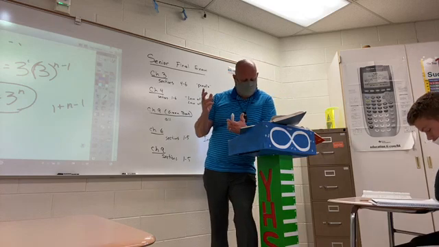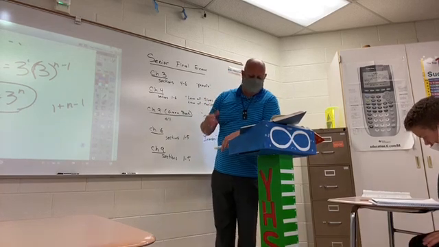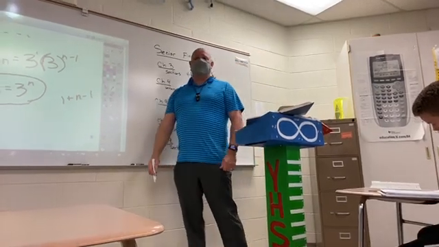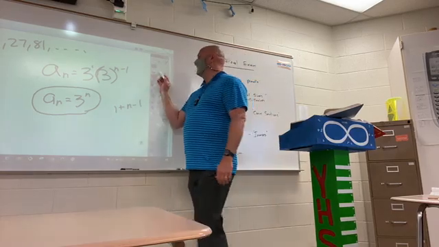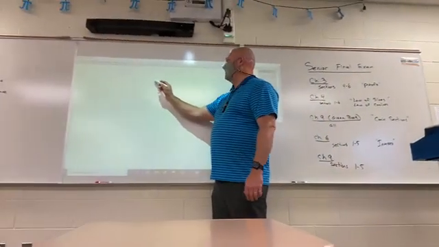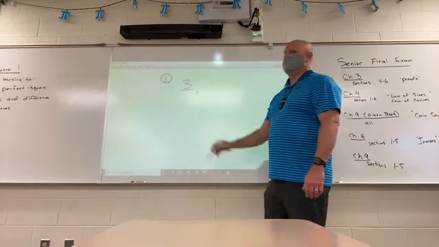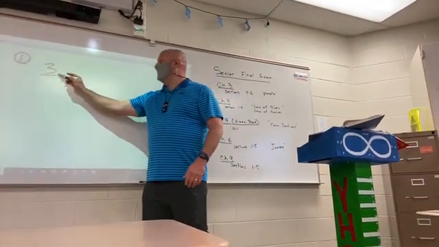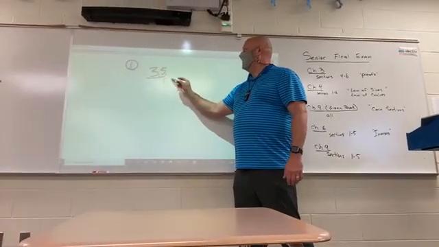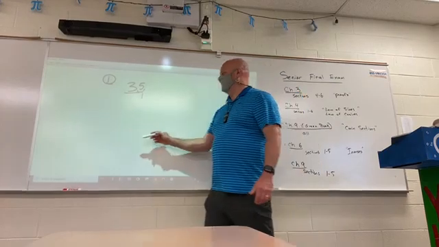So number 1, we're doing practice exercises. They give you the a sub 1 is 3.5. They give you the r is 3. How are you going to find the first 4 terms? First term is 3.5. And then what do you do? How do you find the next term? Times it by 3.